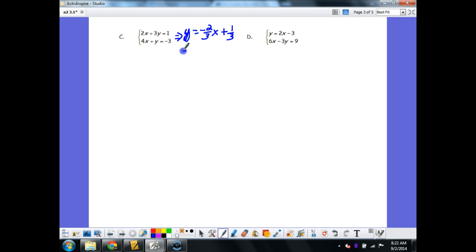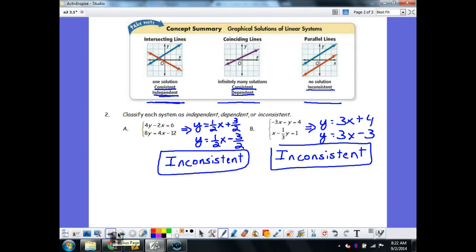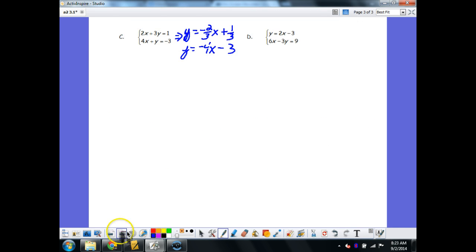And then the bottom one, all we do is subtract 4x, and then minus 3. Since these two have different slopes, they are two lines that would intersect in one place. So therefore, they are independent lines, an independent system.